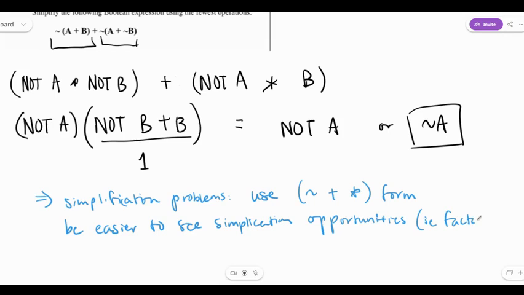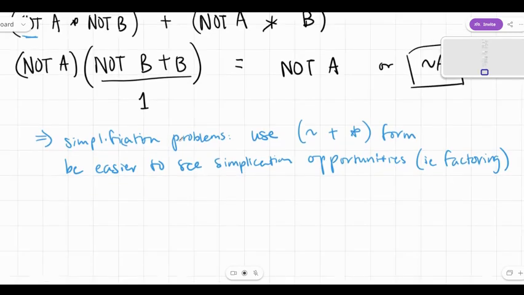And in general, you should use a consistent form throughout the entire problem. So instead of using not, I should have used the tilde, but it worked out in the end.